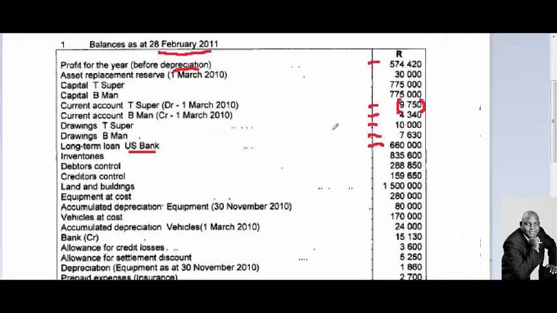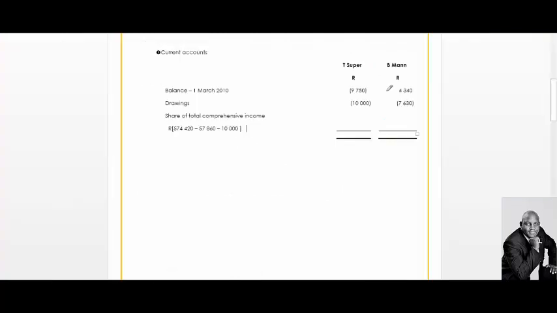Normally it was not explicitly mentioned how they share the money. If it is not explicitly mentioned, you look at their capital contributions. If they contribute equal amounts, they will share equal amounts. Okay, so you can see they both contributed equal amounts. So we will divide by 2, so they both get an equal share because they've contributed equally.